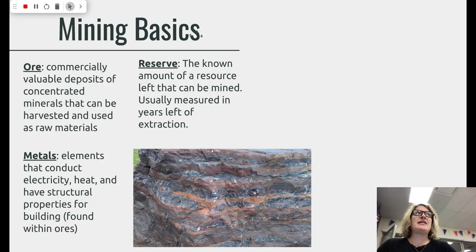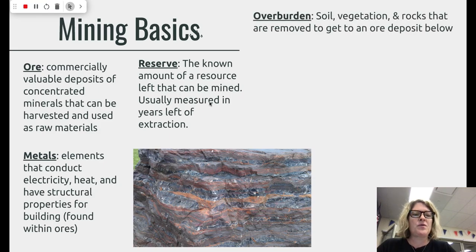So we might talk about having a coal reserve, having an aluminum reserve, having an iron ore reserve, okay? And so this is usually measured in how many years we have left of extracting at our current rate. And so reserve, that's just another word that you need to know.